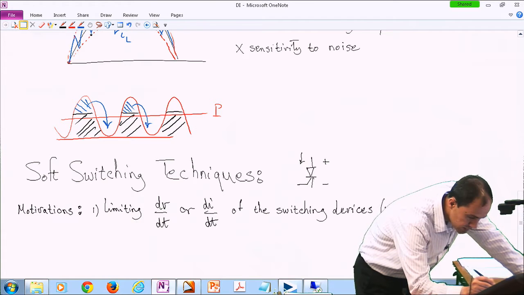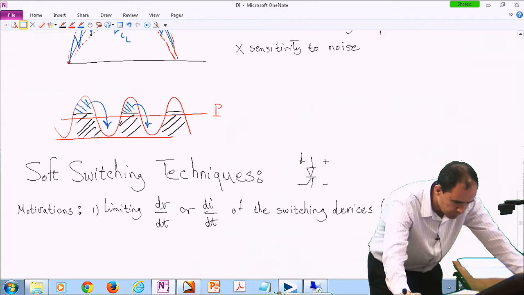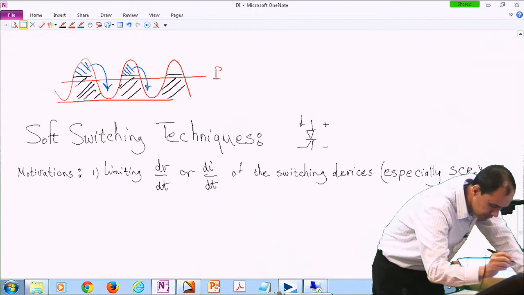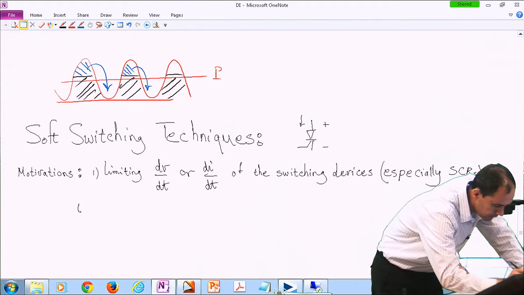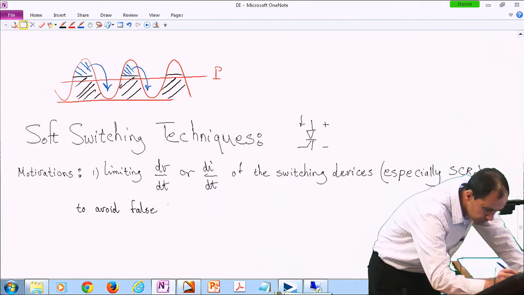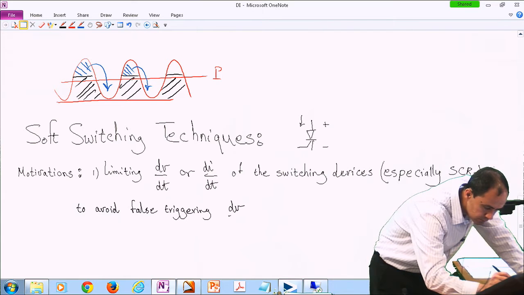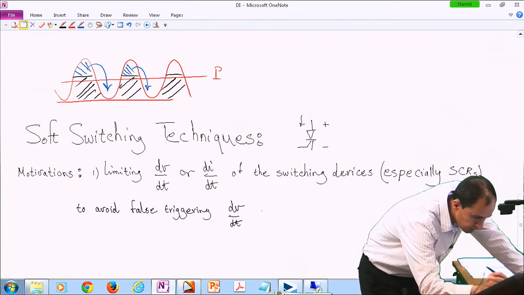This is especially for SCRs. So when it comes to SCRs, let me just write it down here. To avoid false triggering, dV over dt should be limited.